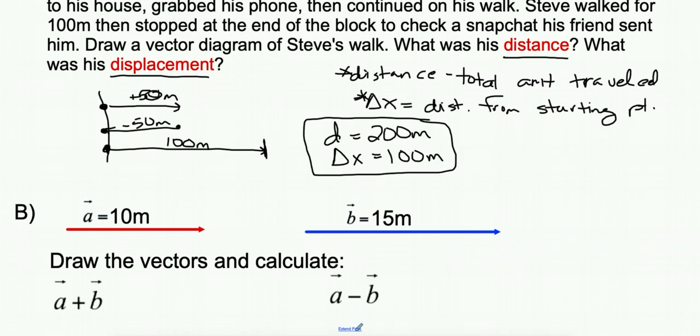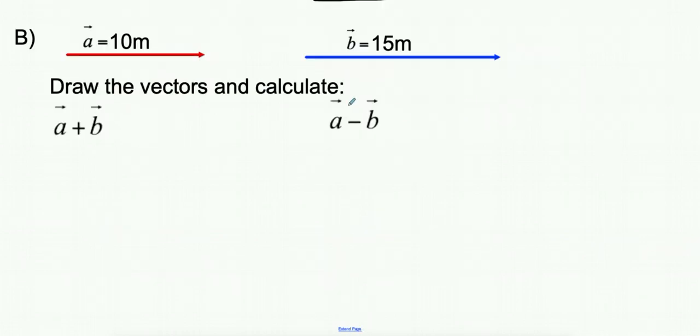So here is a pretty basic example of vectors. I have two vectors that are drawn, and I'm doing vector A plus vector B, and vector A minus vector B. So draw a diagram and add them together. Vector A, 10 meters, plus vector B. If you forgot how to add or subtract vectors, we do tip to tail.